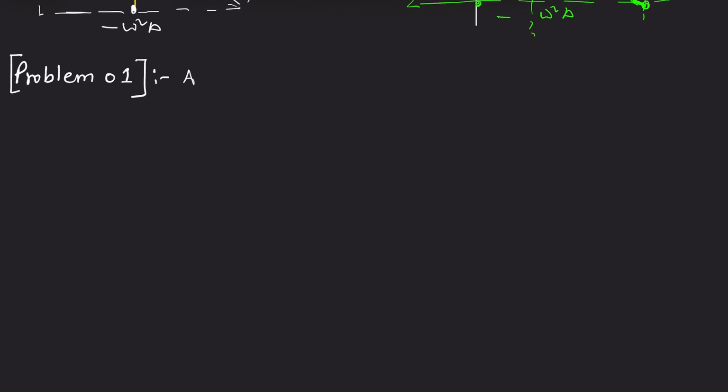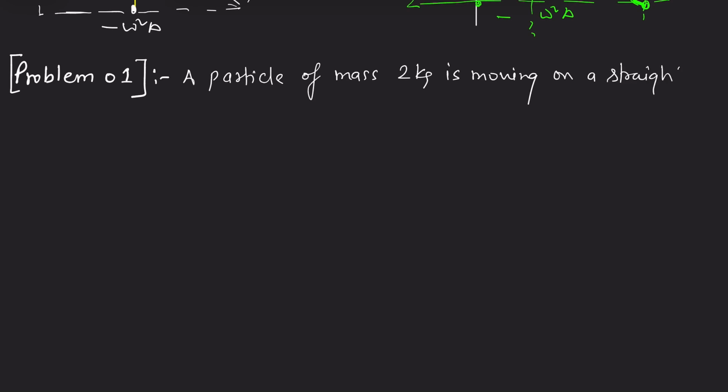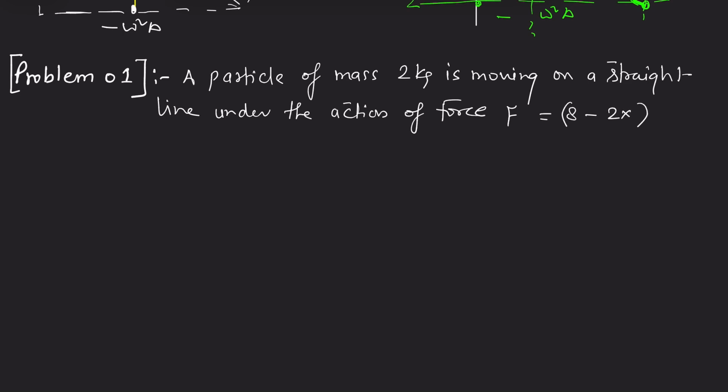a particle of mass 2 kg is moving on a straight line under the action of force F equal to 8 minus 2x Newton.